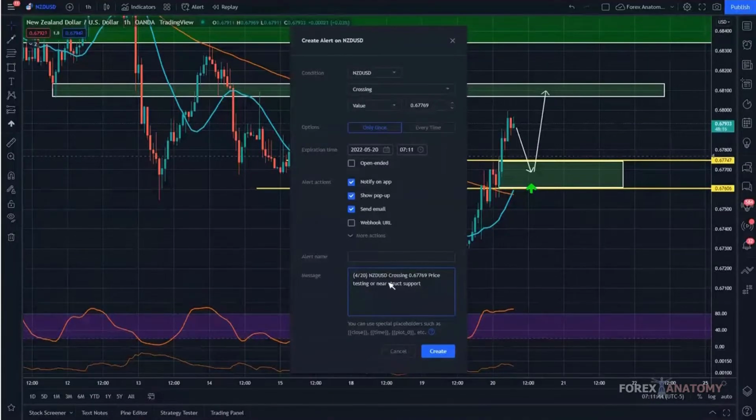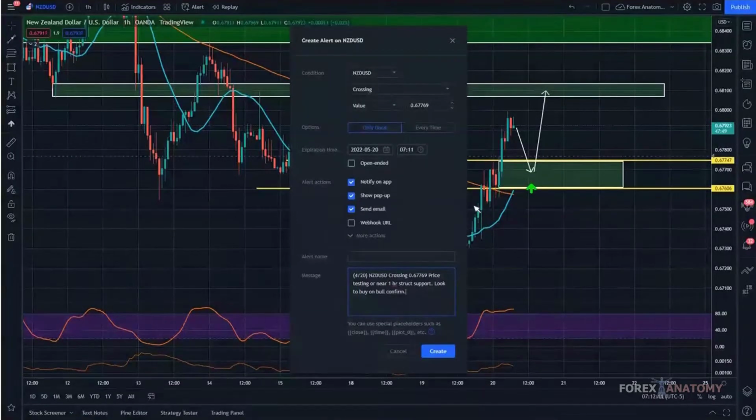And let me do 1 hour. And then I'm going to say look to buy on bull confirm, because that's what we want to do. We want to typically look to buy on bullish confirmation.